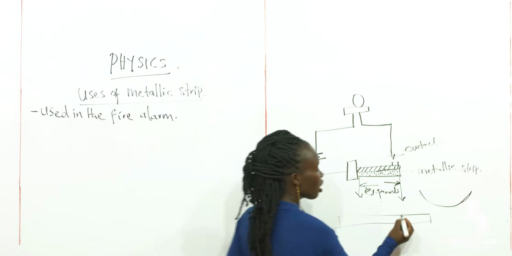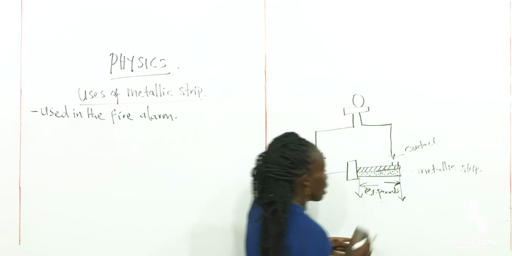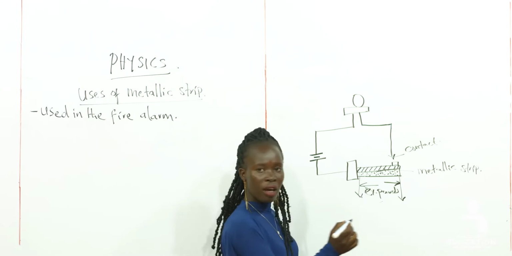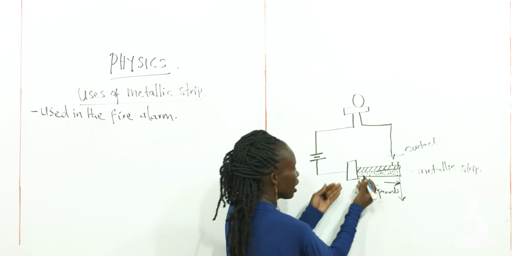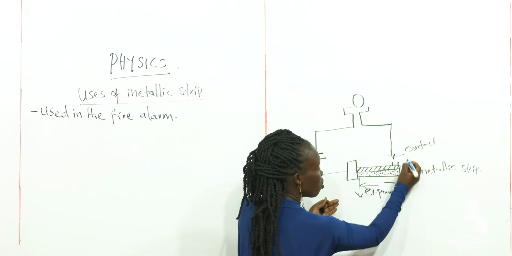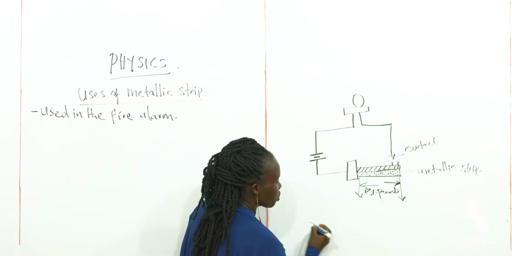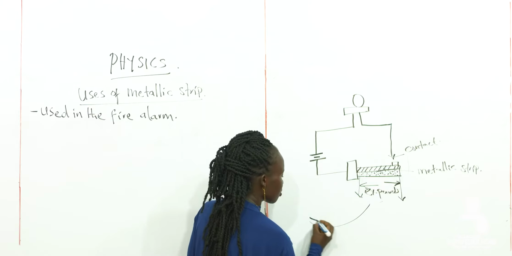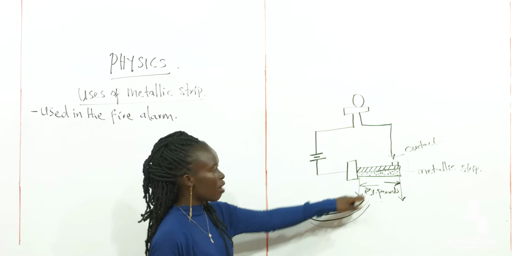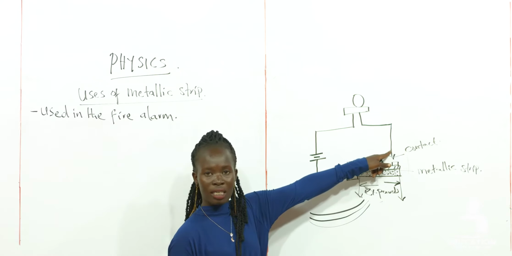So you see that if this outer metal we have used has a very high coefficient of expansion, it is going to make this metallic strip curve inwards this way. So instead of this straight thing, we shall have something like this. When it curves like this, it is going to hit the contact here.